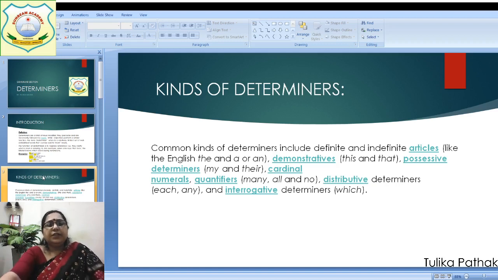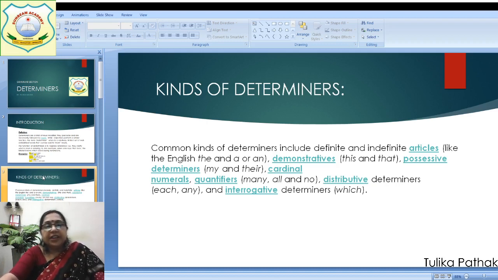The kinds of determiners. Common kinds of determiners include definite and indefinite articles like the English the, and a or an. Next is the demonstrative, this and that. Possessive, this is the best one, I like it, my, our.